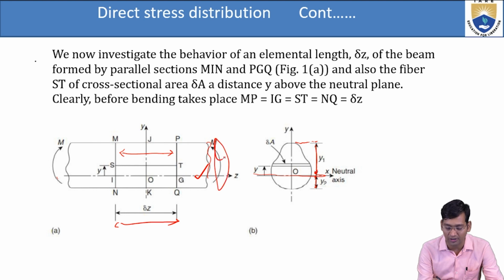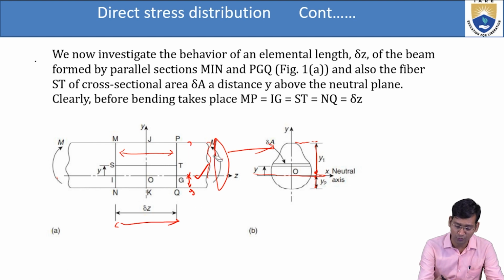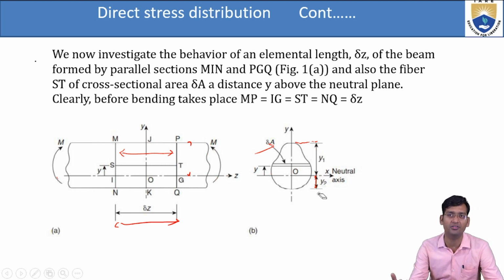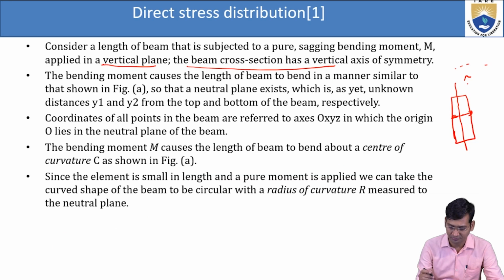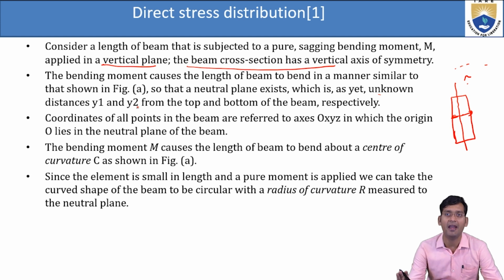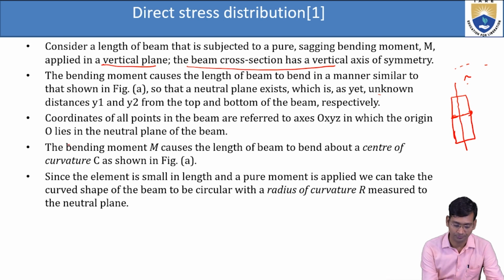We don't know where it is. Once we know the distances y1 and y2, we can say where the neutral axis is. If y1 equals y2, then it will be the middle point of the cross section, or whatever the shape is. That's why it's given as unknown distances y1 and y2 from the top and bottom of the beam respectively.